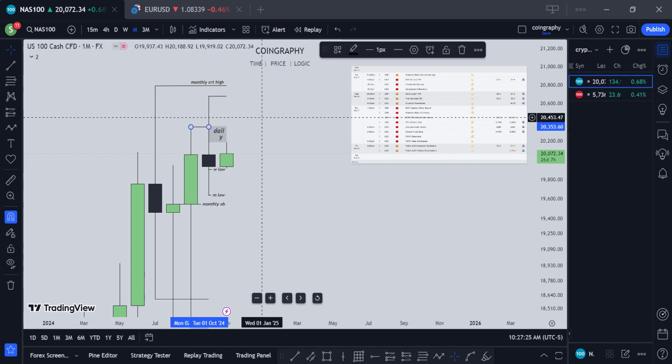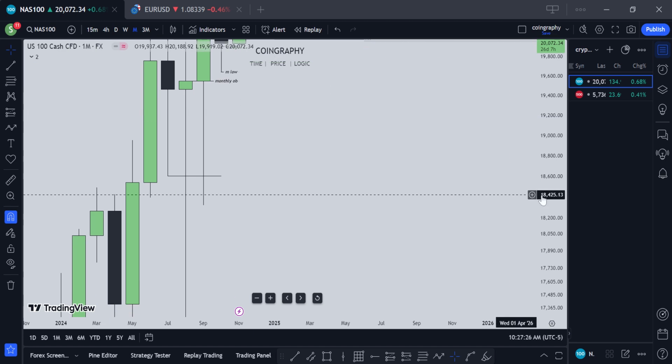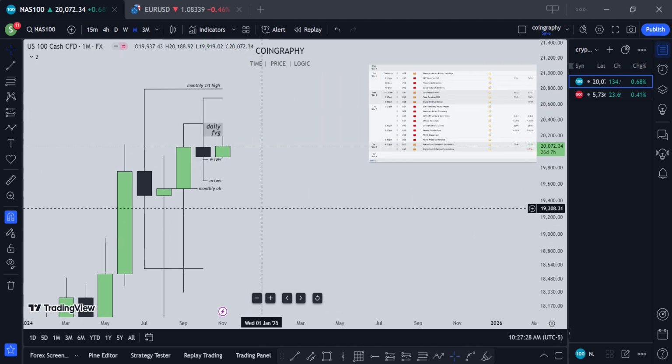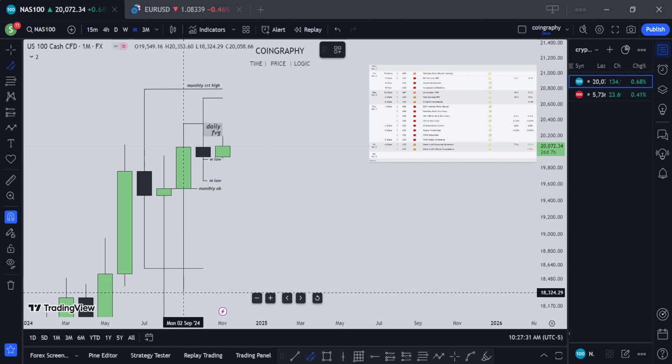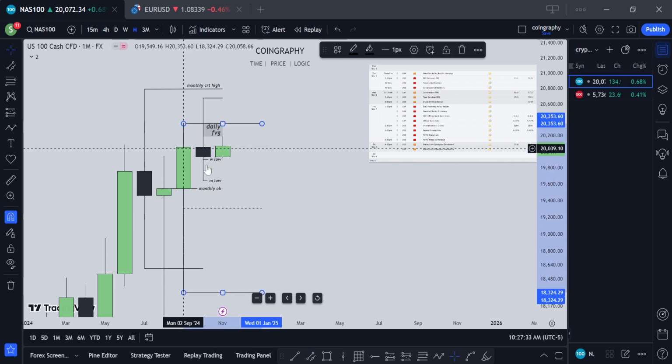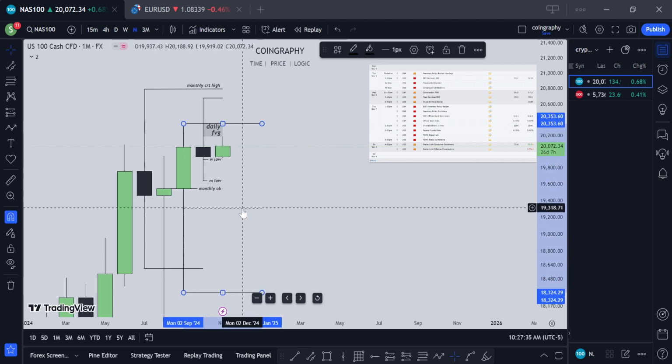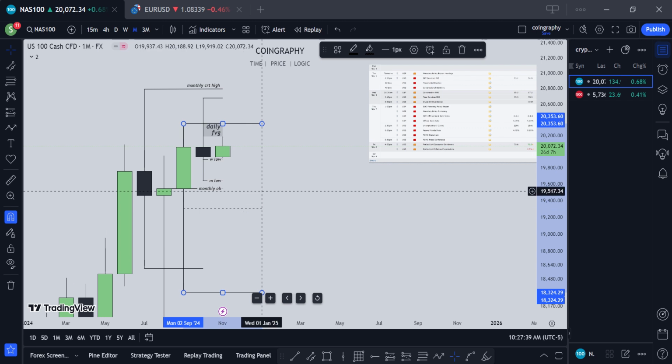So we took this range high, signaling a reversal to the 50%, which is our first target here. And price might not even go there before reversing to the upside.